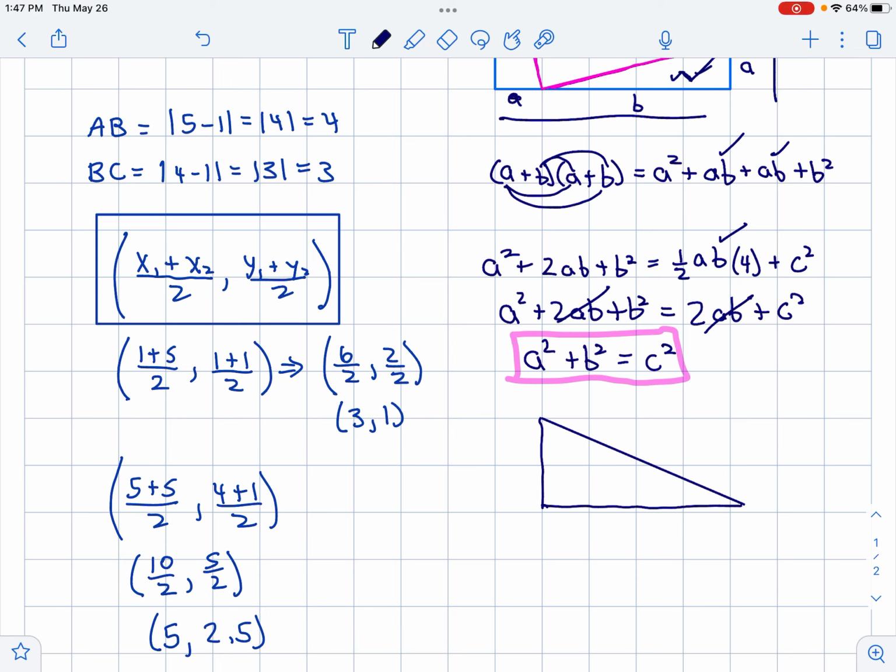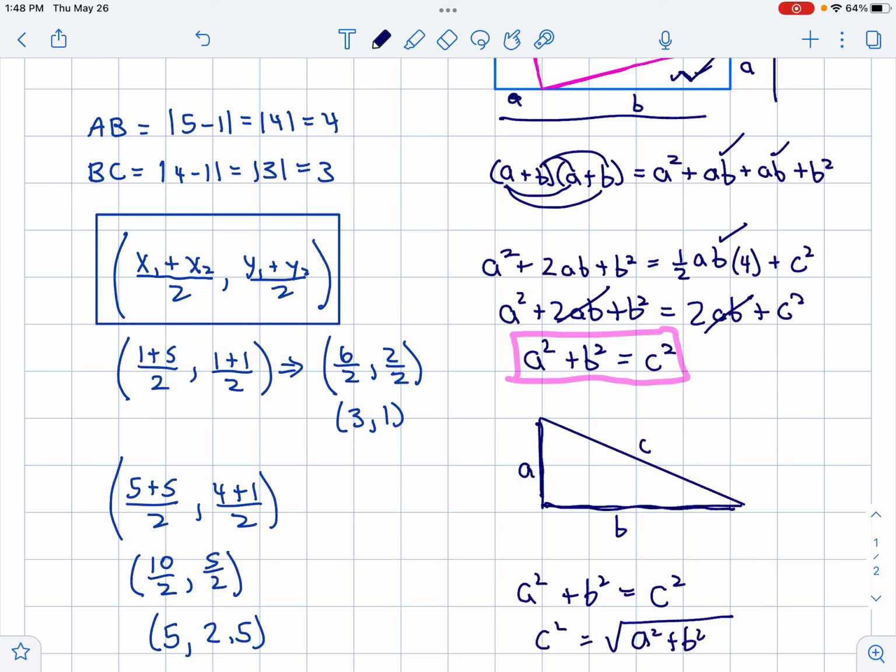What the Pythagorean theorem says is if you have this side is A, this side is B, and this side is C, well, A squared plus B squared equals C squared. That's what it tells us. So the length of B squared plus the length of A squared equals the length of C squared. In other words, C equals the square root of A squared plus B squared.